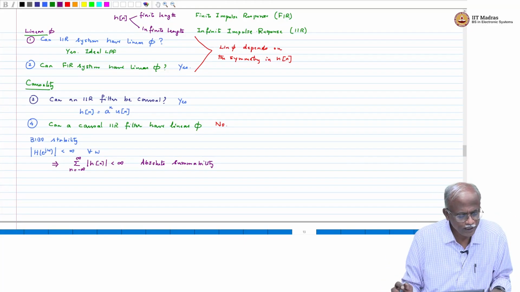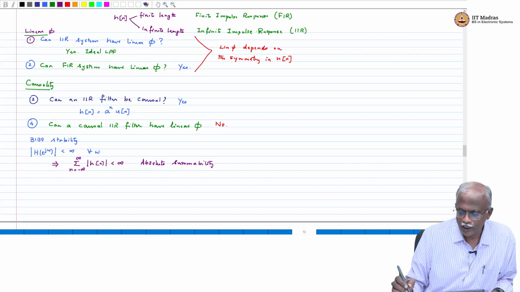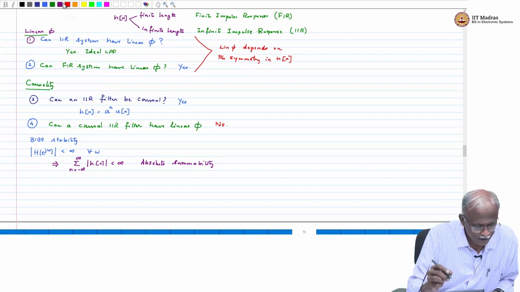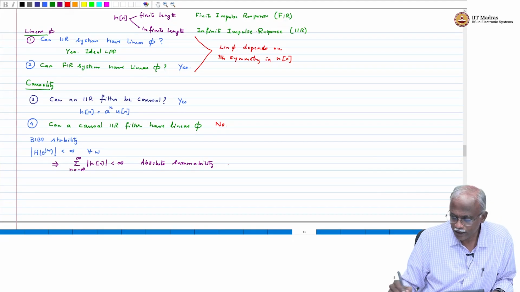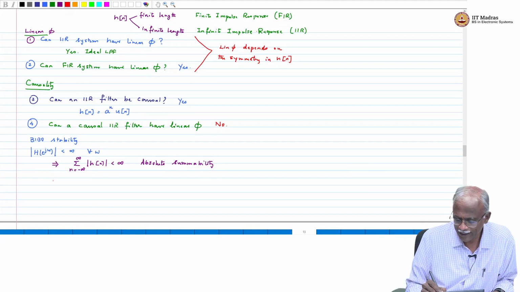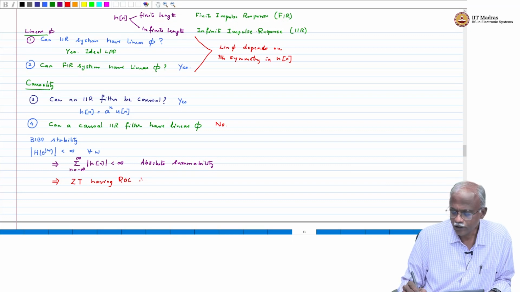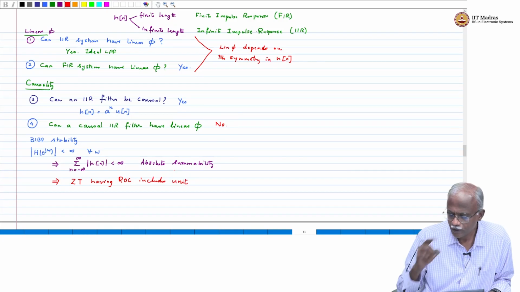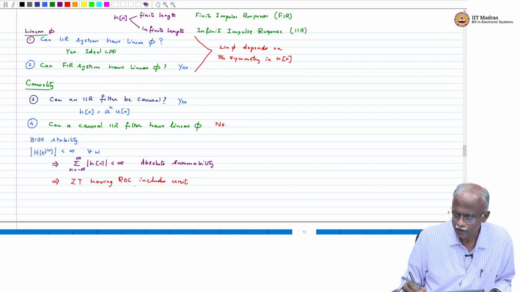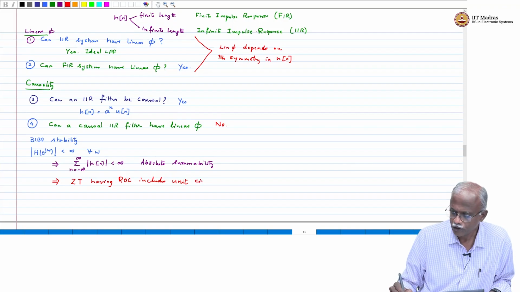All of those things can be readily stated from there. So this condition, absolute summability, is now related to the Z transform having an ROC that includes the unit circle.